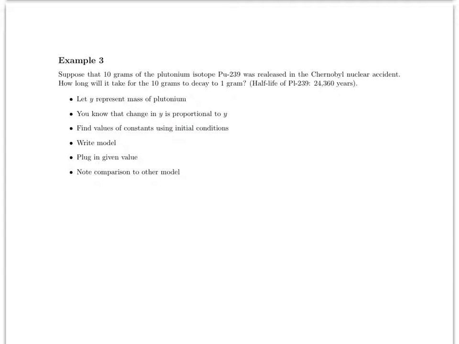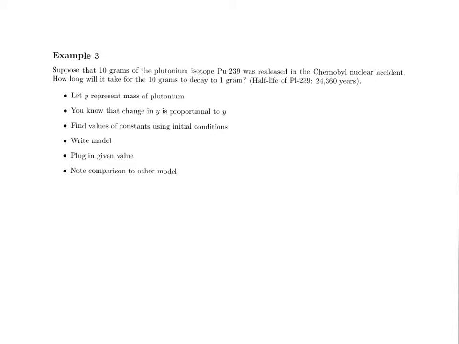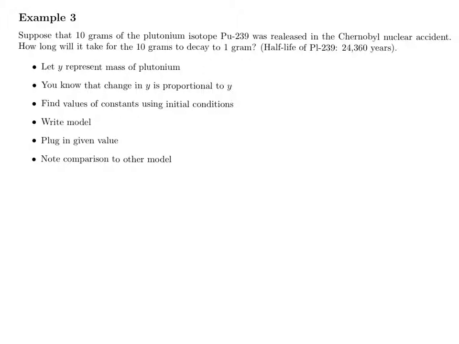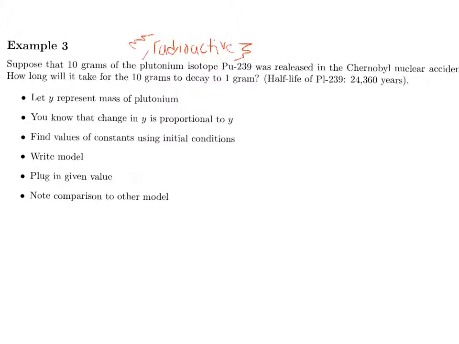All right, so here's our problem, example 3. We've got 3 real world problems that we're going to go over today, starting with this one. So we start with 10 grams of the plutonium isotope, and we talked yesterday about what's special about plutonium. It's radioactive.